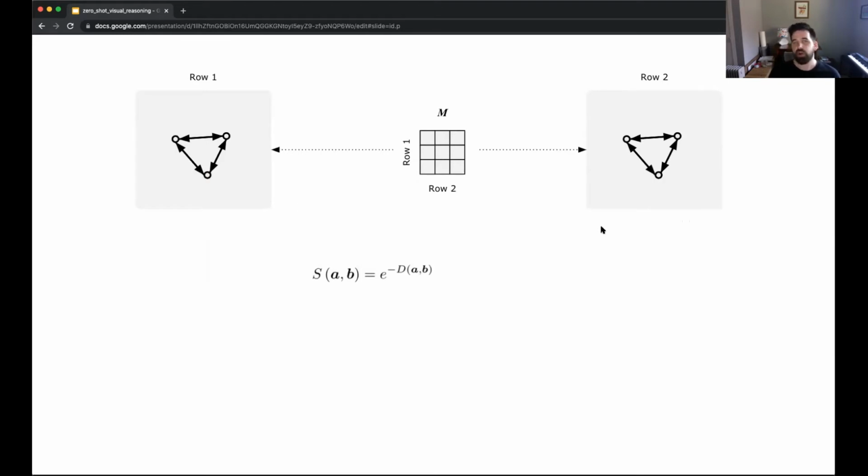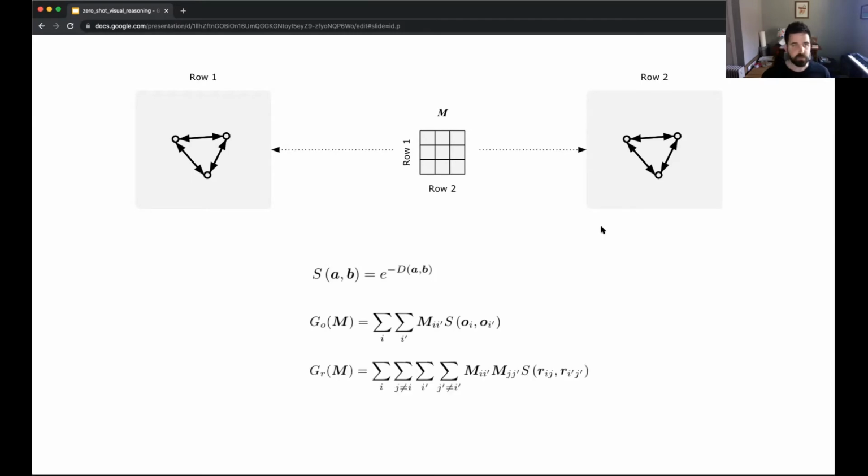So first, we have a measure of the similarity between each pair of objects, A and B, which is based on the Euclidean distance between the vectors representing those objects. Then we have a measure of the overall similarity of the objects that are mapped to each other. And you get this basically by multiplying these pairwise similarity measures by the corresponding mapping strengths. And then similarly, we have a measure of the overall similarity of the mapped relations.